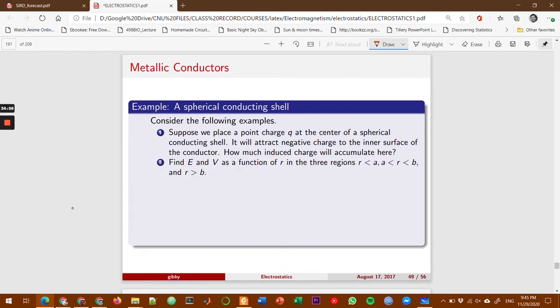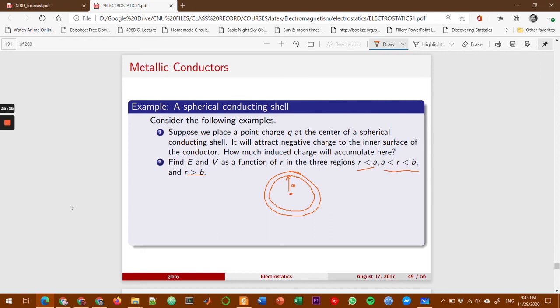Next, you find the electric field and potential as a function of R in these regions: R less than A, in between, and then R greater than B. So you have your charge Q, and this is your spherical conducting shell.